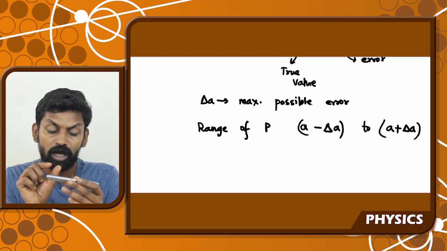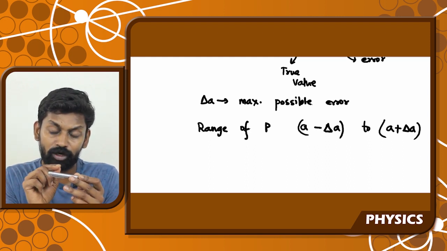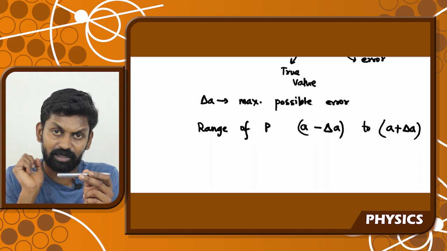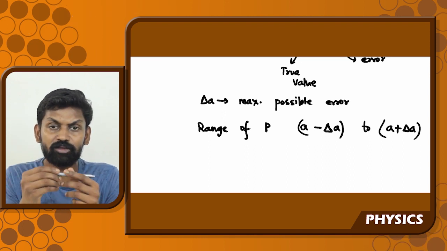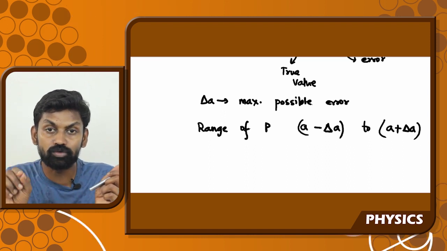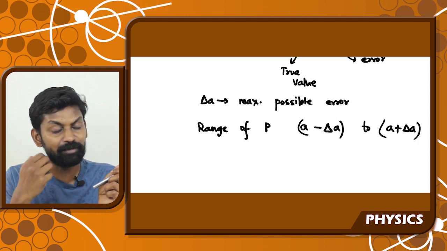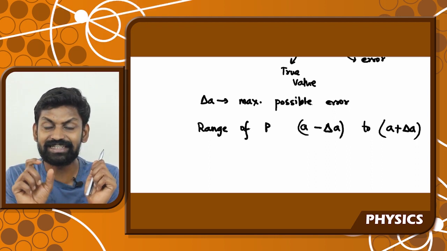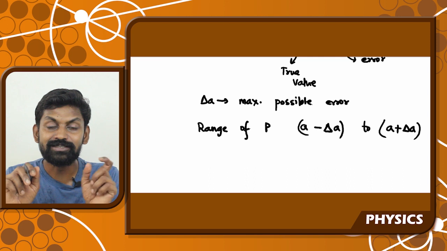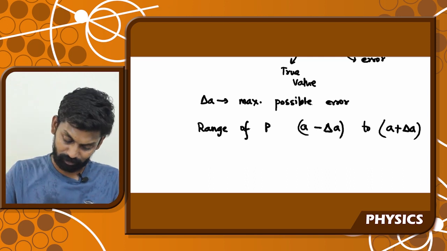See, I told you, you can measure accurately 12 millimeter and 13 millimeter. Now, suppose the length of the pen is only 12.2 millimeter. I measured it as 12. That means the error in that case will only be 0.2 millimeter. Okay.